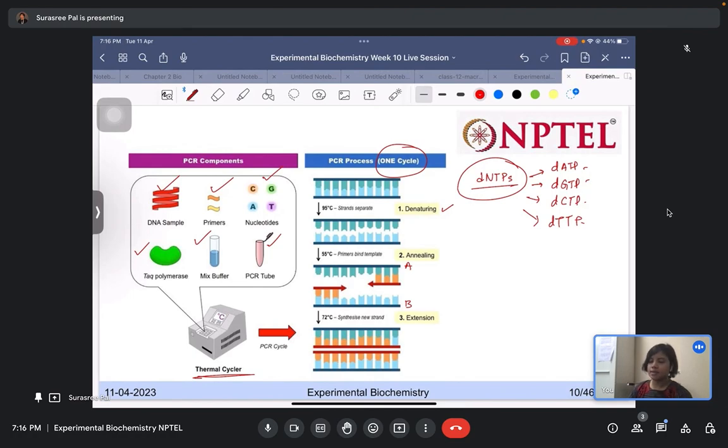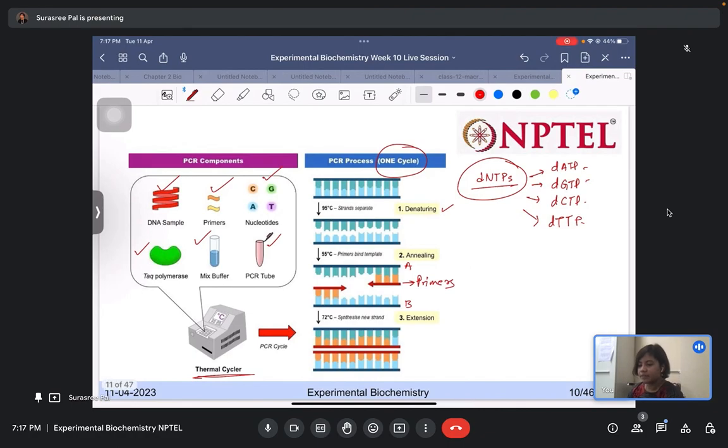When the denaturation occurs, then there is annealing, where we reduce the temperature to approximately 50 to 60 degrees centigrade. And at this temperature, the two primers, short stretches of DNA which are complementary to the template DNA, can anneal to the template DNA.